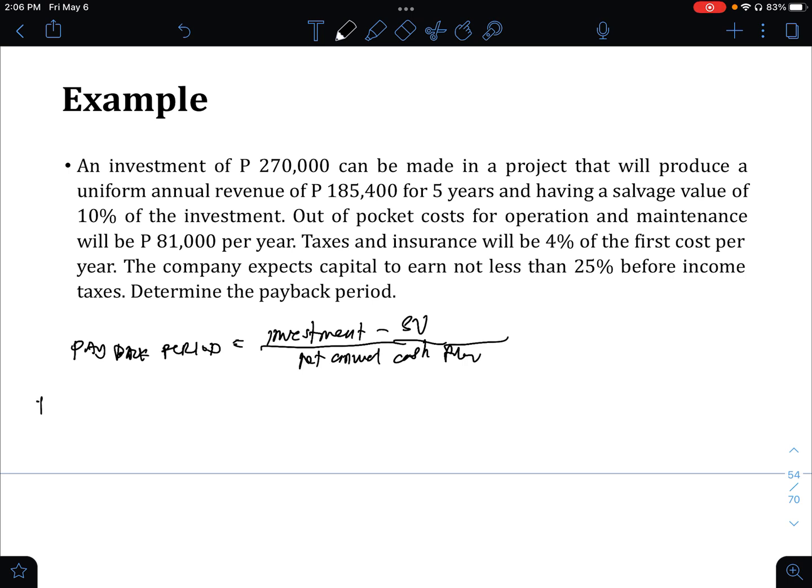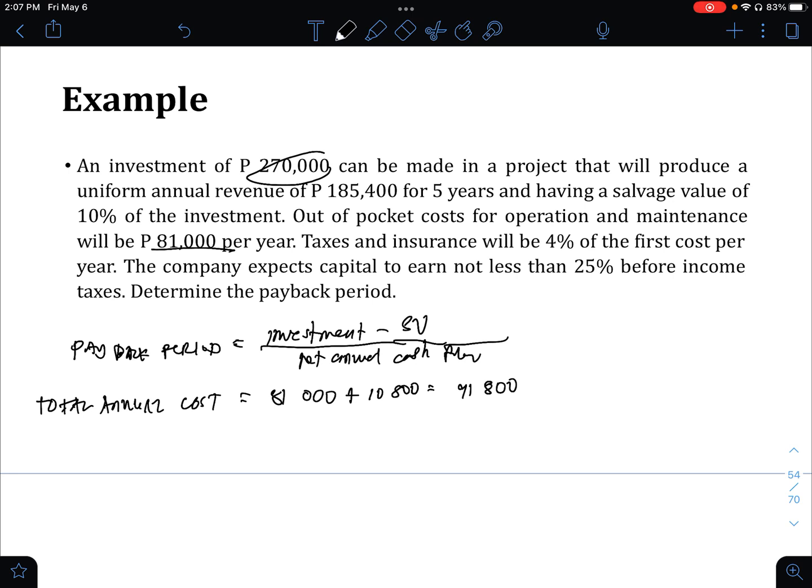The total annual cost, the cash outflow, is operation and maintenance 81,000 plus tax and insurance, 4% of 270,000, that's 10,800, equal to 91,800. Depreciation is still not included in the payback period.